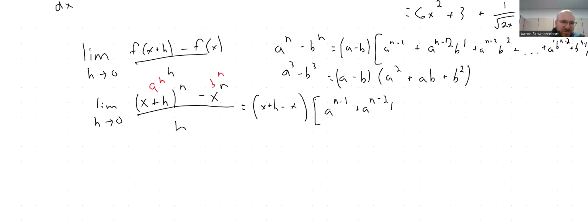Not b to the 0. This is b to the 1. Oh, I should probably do this not in terms of a's and b's anymore. I should do this in terms of a is x plus h and b is x.